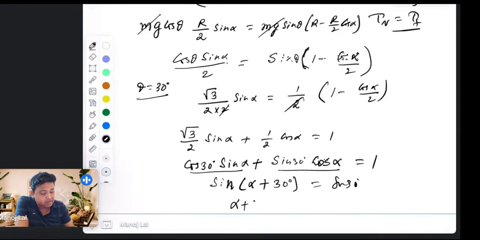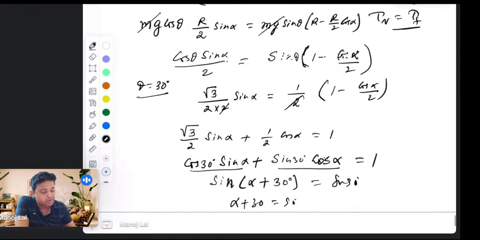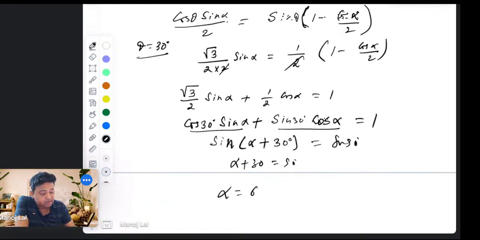So alpha plus 30 is 90 degrees, and we got alpha as 60.